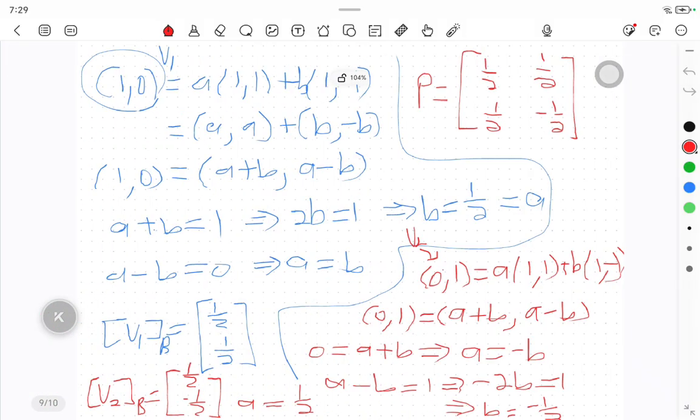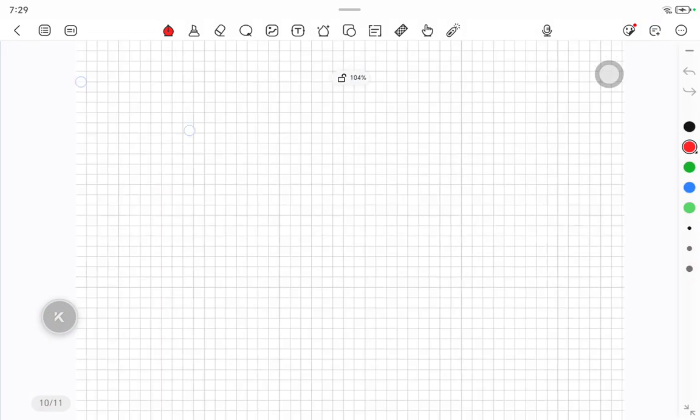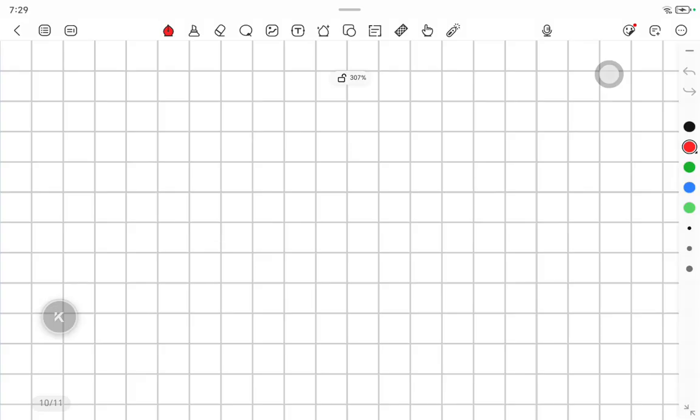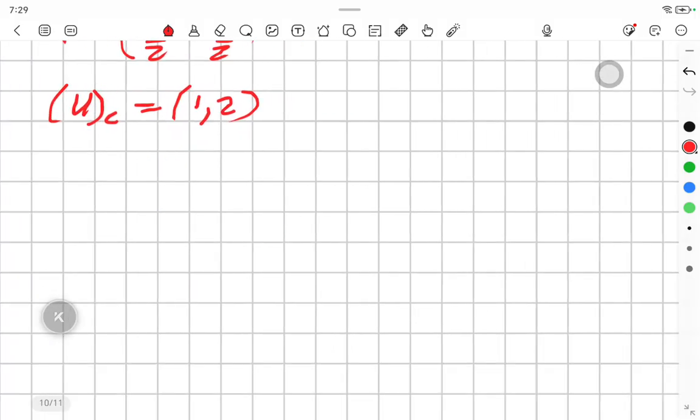So now we remember that our P is equal to 1 over 2, 1 over 2, 1 over 2, minus 1 over 2. And we are given that UC is equal to 1, 2. And they say we must find UB.